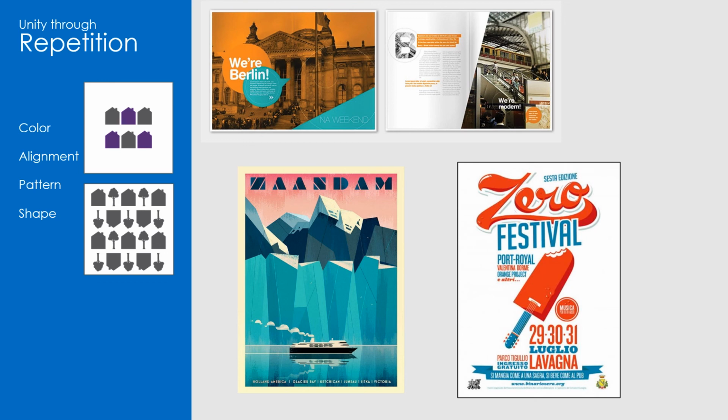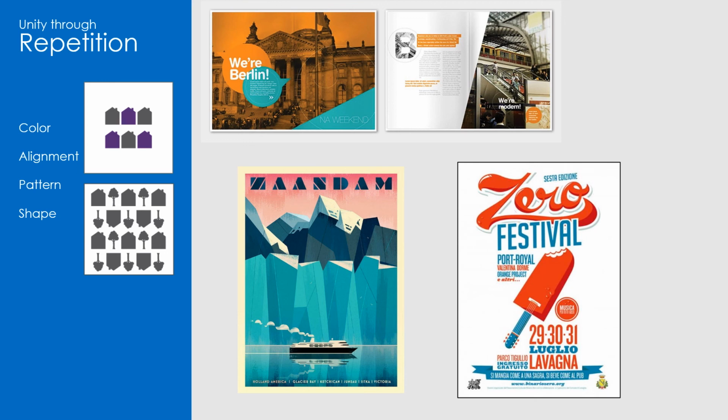One might be alignment. The text headline at the top, which I don't actually know what it says, is the full width of the poster and aligned to the top of the frame. The secondary text at the bottom of the poster is also the full width of the frame and aligned to the bottom edge.